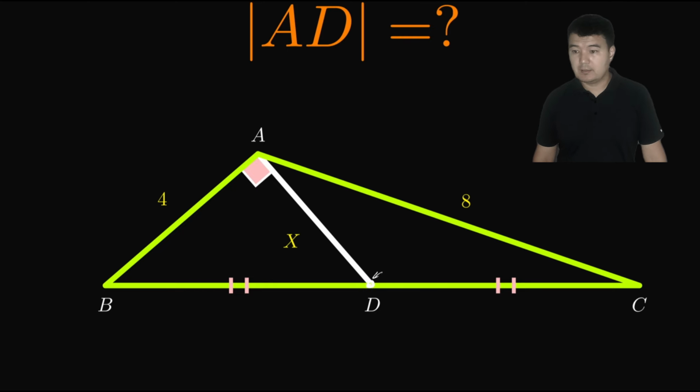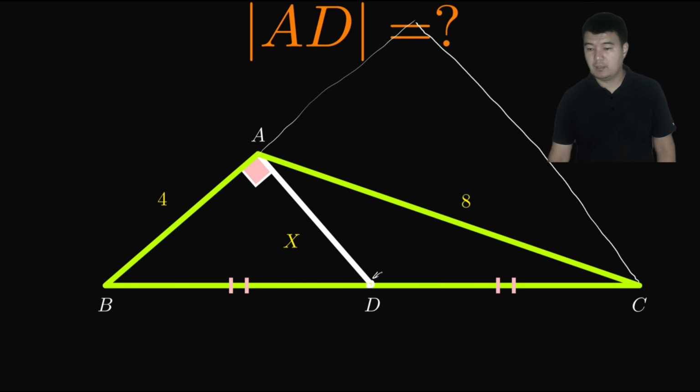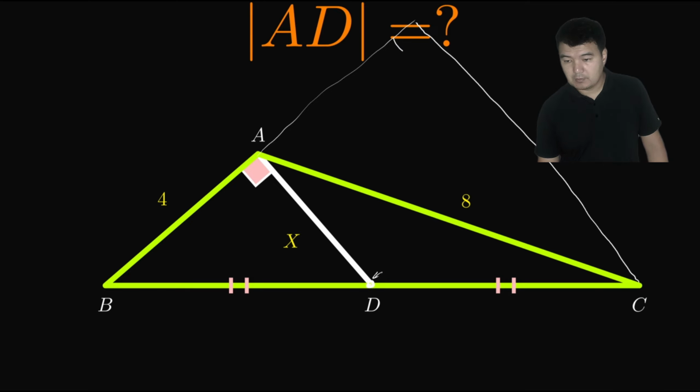In order to build that, I'm going to drop a perpendicular. So extend this BA and drop a perpendicular from C. Since I'm dropping a perpendicular, it's going to be 90 degrees here.